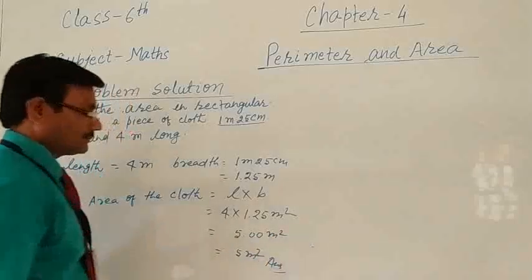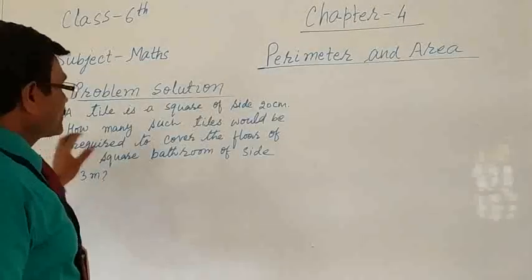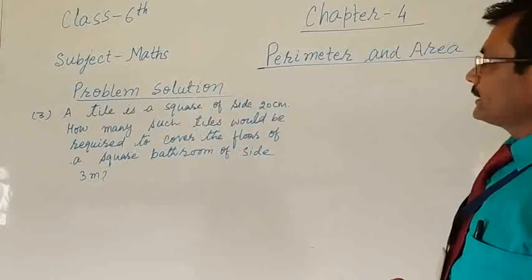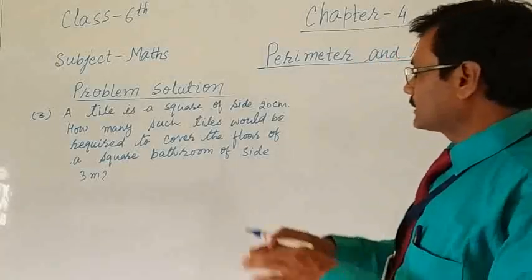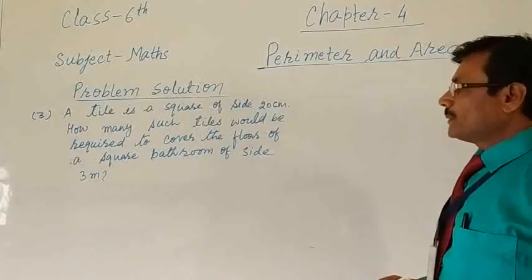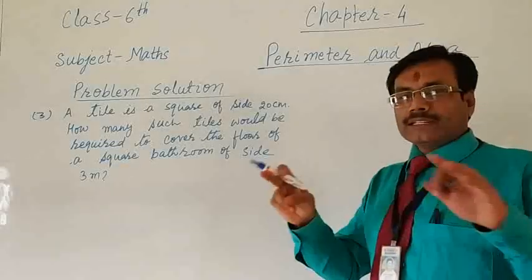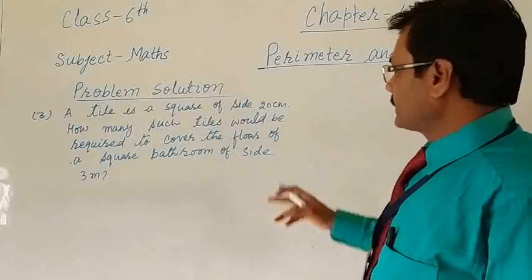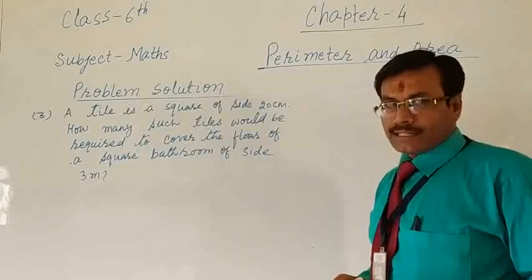The third question is telling that a tile is a square of side 20 centimeter. So how many such tiles would be required to cover the floor of a square bathroom of side 3 meter? यानी एक 3 मीटर साइड वाला बाथरूम है, इसके फ्लोर पर 20 सेंटीमीटर साइड वाले कितने स्क्वायर टाइल्स लगेंगे?